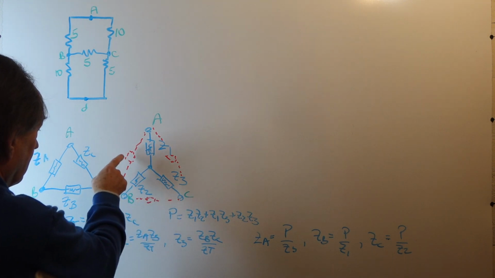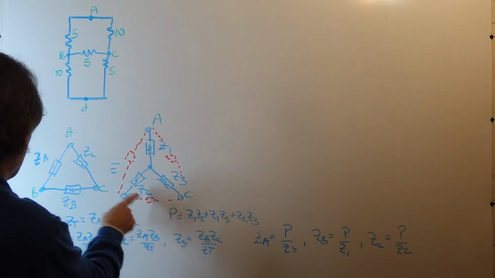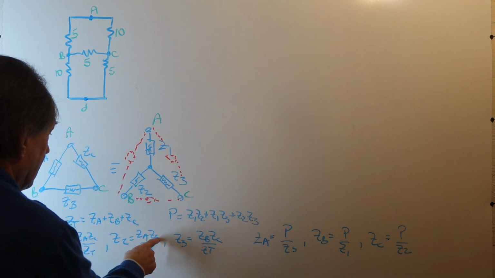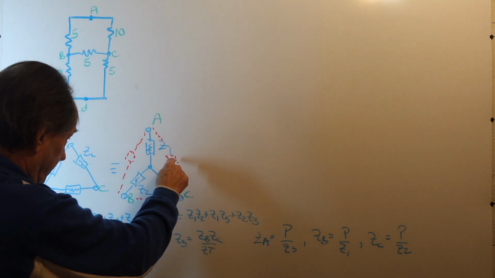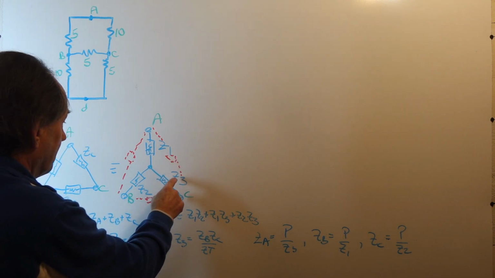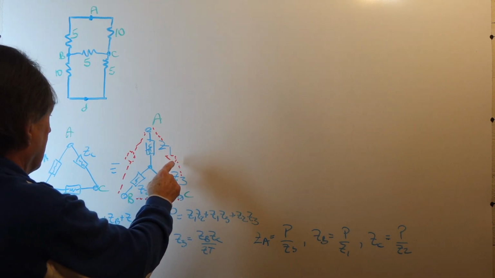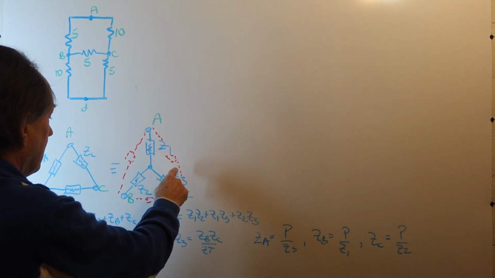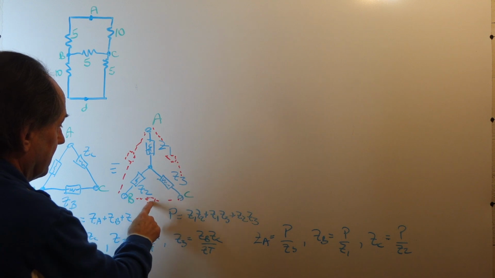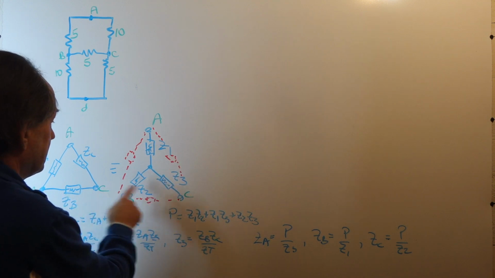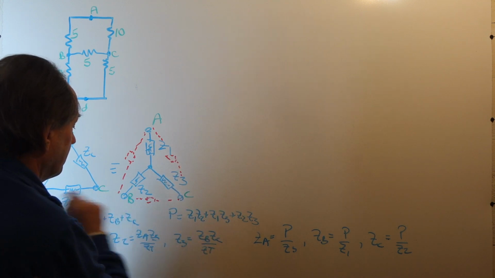Z2 then will be the product of this element and this element, which is ZA ZB over ZT. And the element Z3 is the product of these 2 elements, which is ZB ZC over ZT.